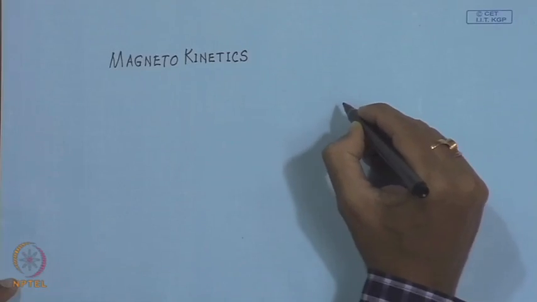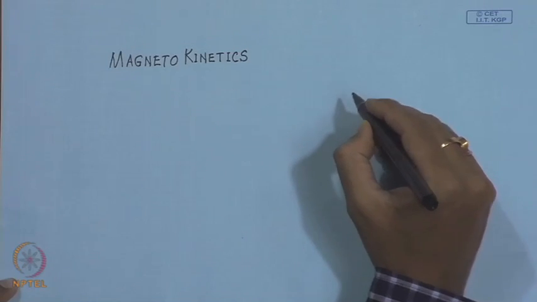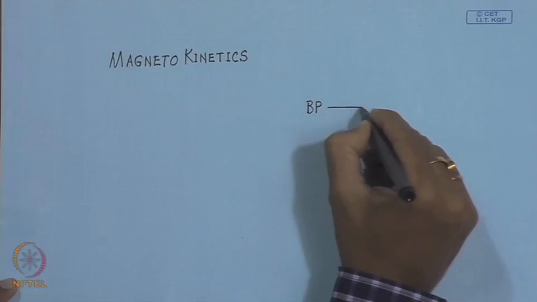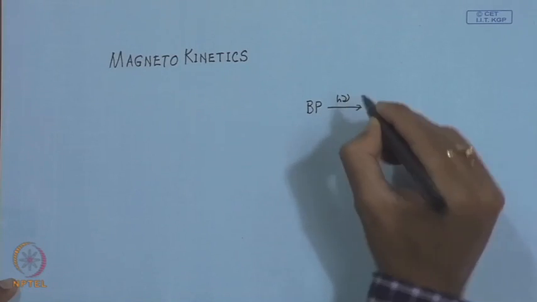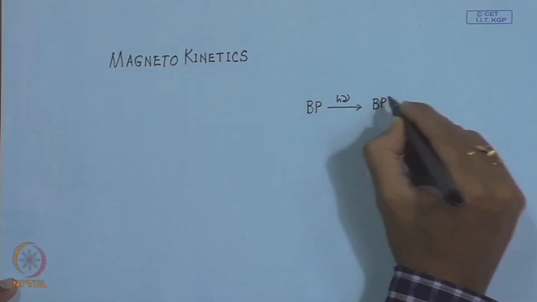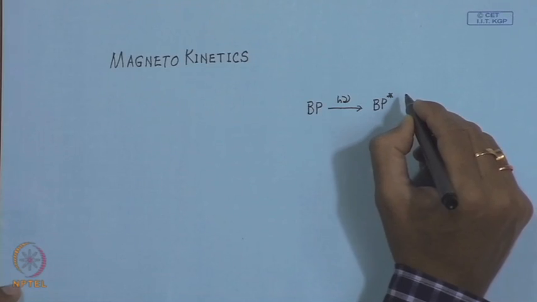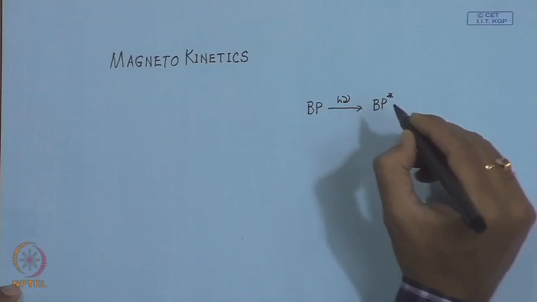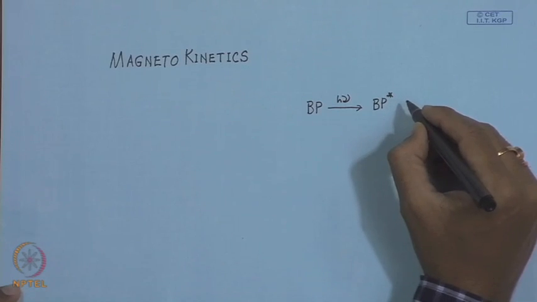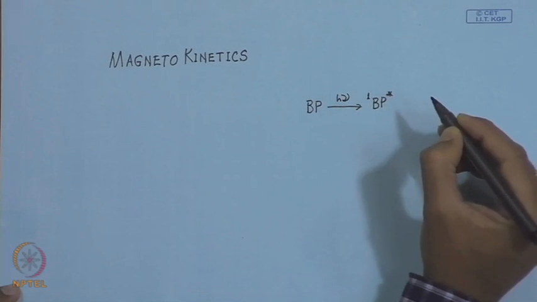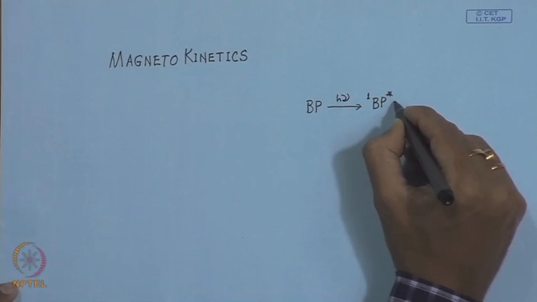When benzophenone gets excited with a laser of wavelength 355 nanometer, BP plus h nu gives BP star, photo-excited benzophenone. This photo-excited benzophenone is a singlet one. Then it will move on to triplet.